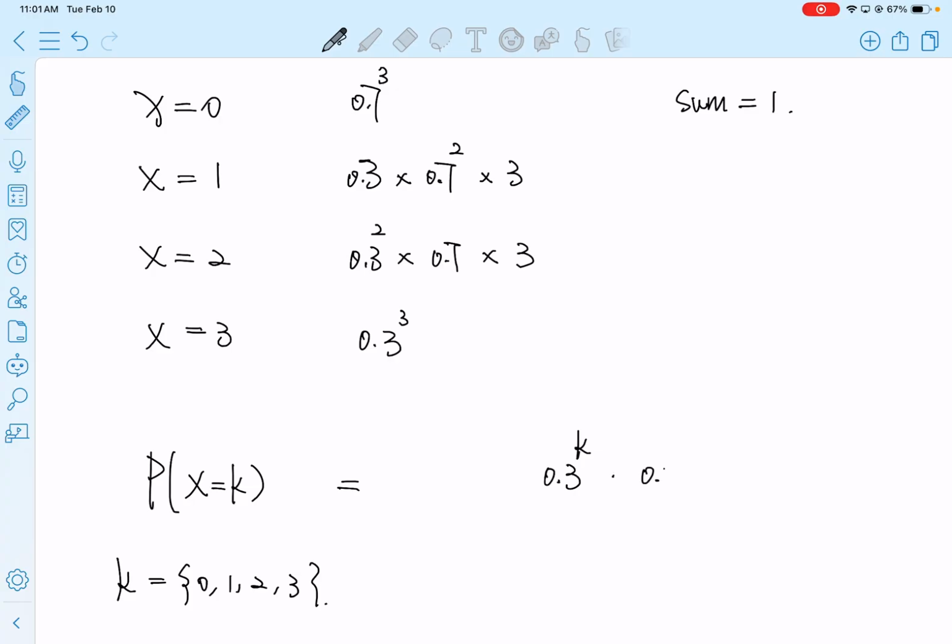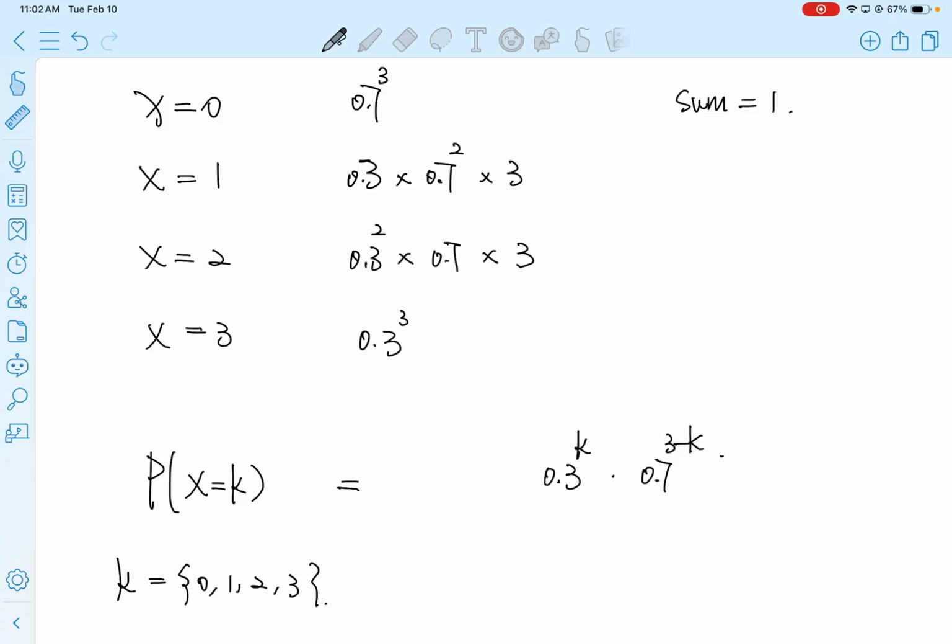So we'll have 0.7 raised to the power of 3 minus k. This particular product can handle the probability of the resulting heads and tails for each of the coins. But we notice that we also need an extra factor to account for how many occasions we have 2 heads and 1 tail, and how many occasions for 2 tails and 1 head.